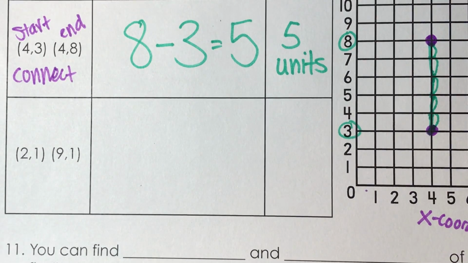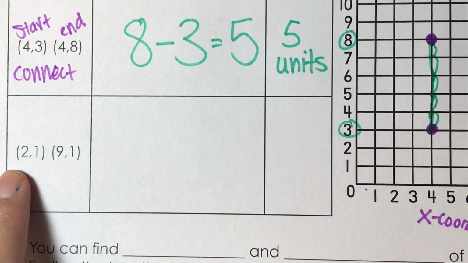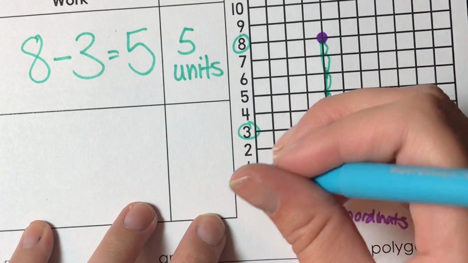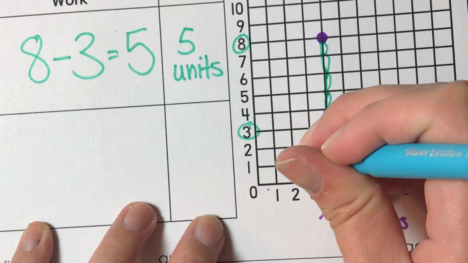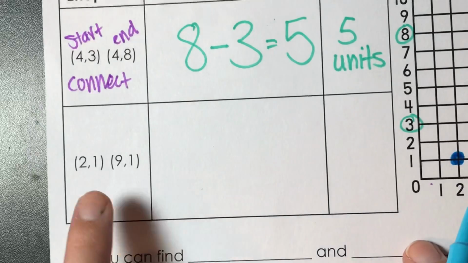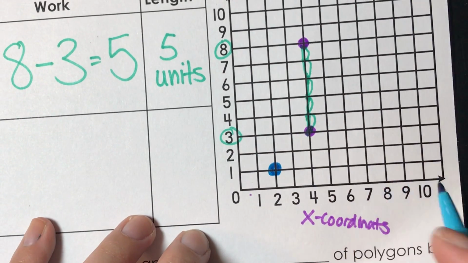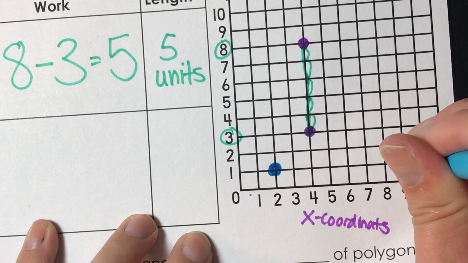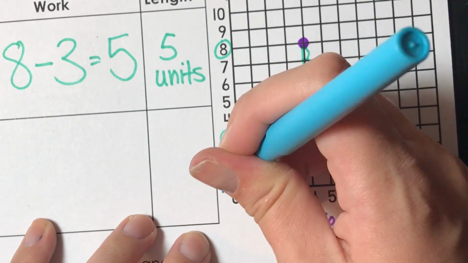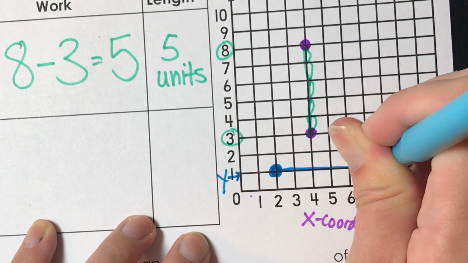All right, let's try one more. So now I have 2, positive 1. So positive 2, up 1. Positive 9, up 1. So now their y coordinates are the same.